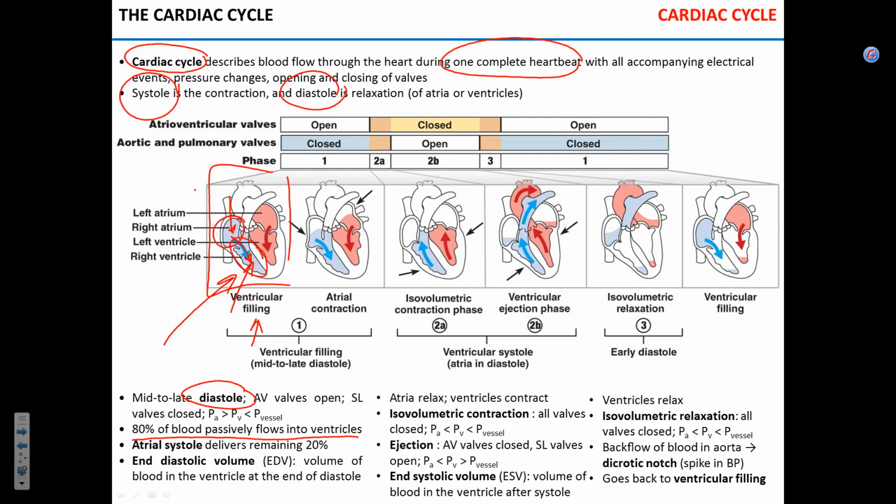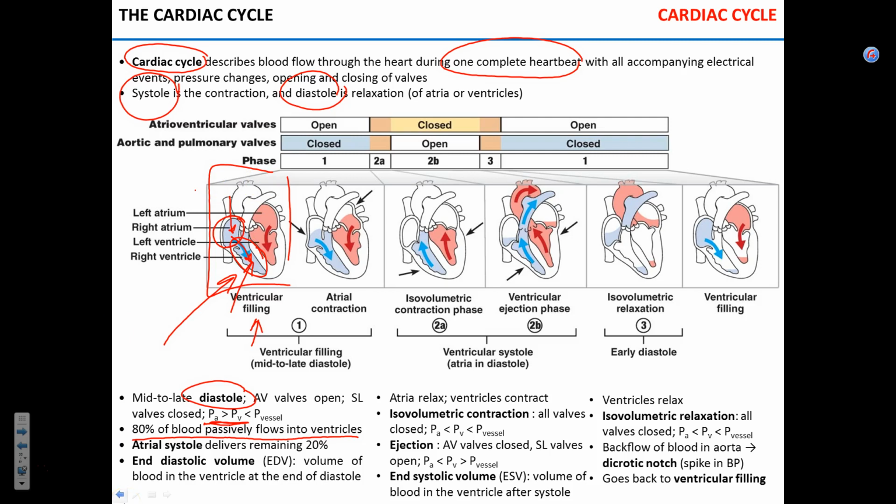It should be more in the atria. Is that clear? So I show it here. Pressure in the atria is higher than pressure in the ventricles. Does that make sense?